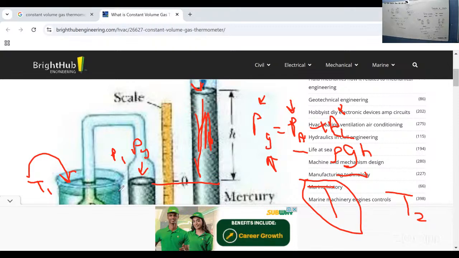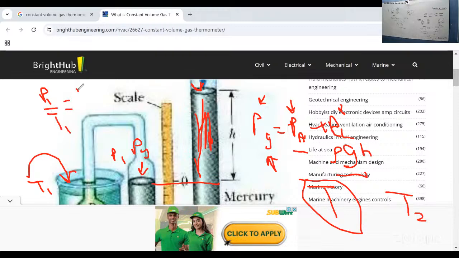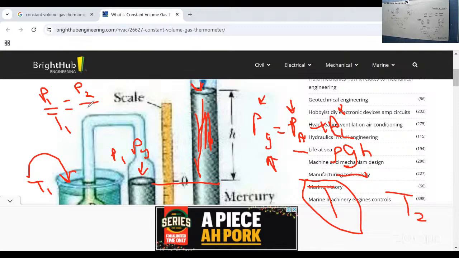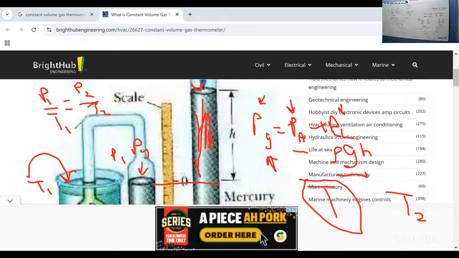Change the liquid, and you get the pressure. P1 over T1 is equal to P2 over T2. So that's one of the ways we can find an unknown temperature using the constant volume gas thermometer.